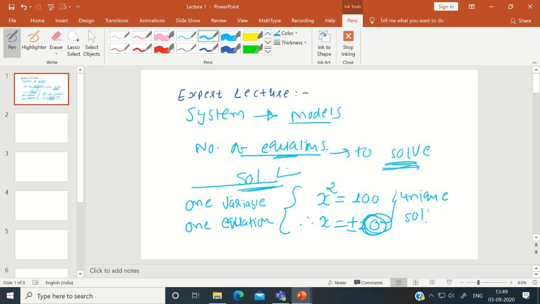I consider the number of variables as n, and the number of equations as m. In most of the books, n is used for the number of variables and m is used for the number of equations. Now let us proceed further.